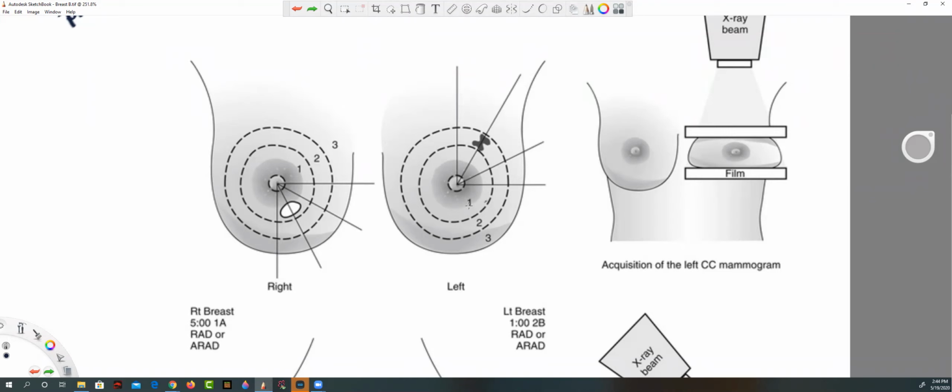Same thing over here. We have a left breast, 1, 2, and 3. So on the right, and I wish they didn't do this down here, but we have a right breast, 5 o'clock. Well, yeah, because that's where 5 o'clock is on a clock. 3 o'clock's here, 6 o'clock's here.